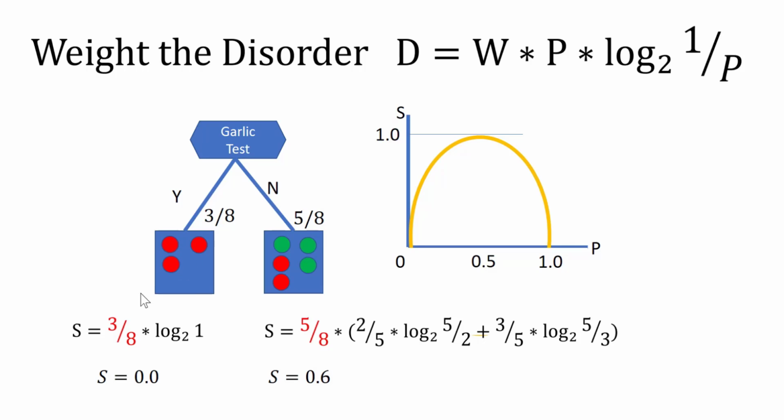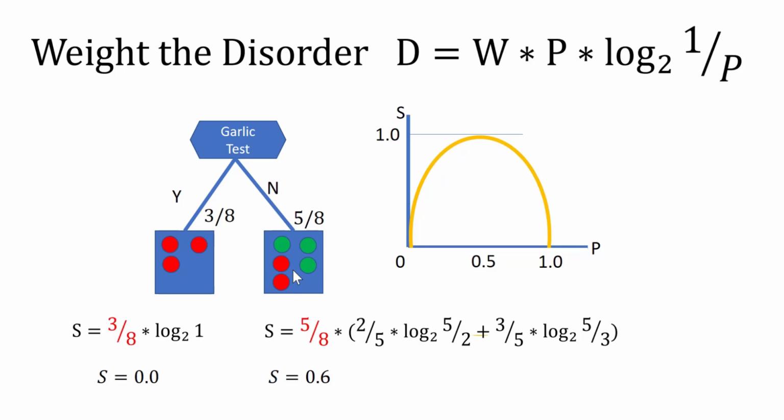Here we've got 3 out of 8, so the weight is 3 results out of 8 results. And now the probability that there's no vampire is 1. In this case, we've got log of 1, which is 0. So there's no disorder here, which is pretty obvious, actually, since we know exactly what's in this box.